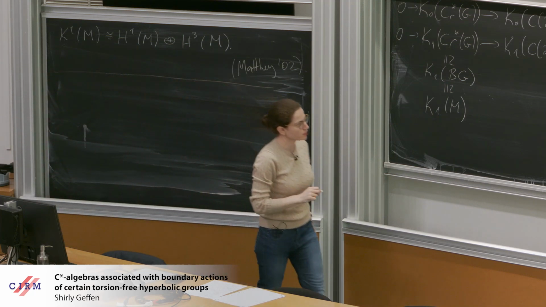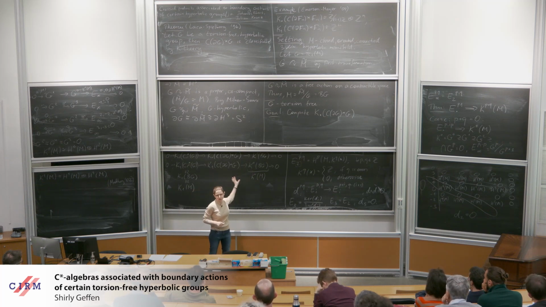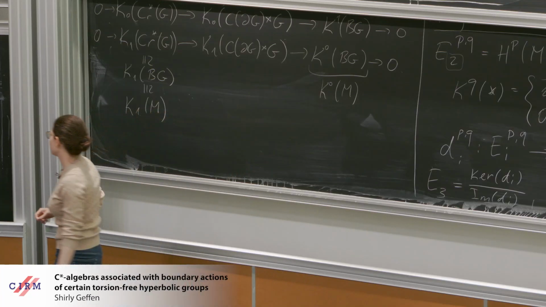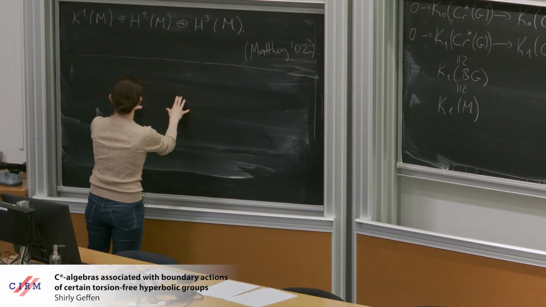Now that we know that, we can come back to this short exact sequence here in order to see what the K-theory is, but we still have to make some assumptions in order to make sure that these short exact sequences split. And here I will now say what the assumptions are.